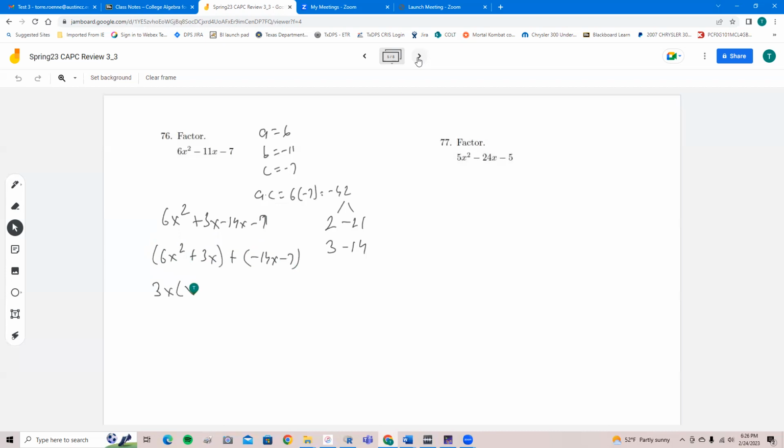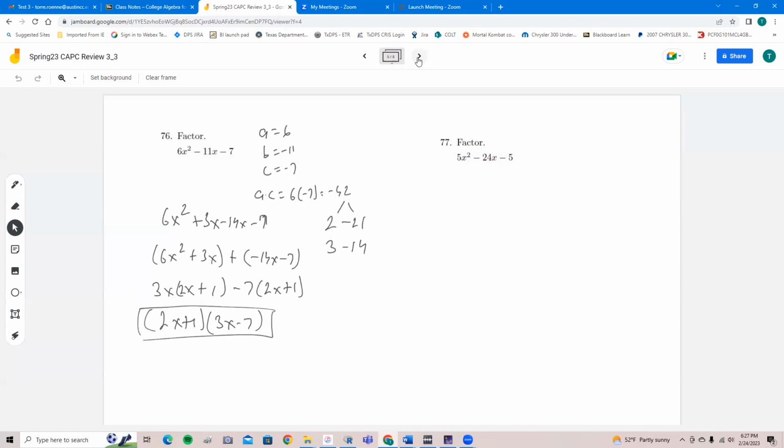That'll give me, no, that'll give me 2x plus 1. And then pull the negative 7 out. That will give me, again, 2x plus 1. Now I have 2x plus 1 in common, 3x minus 7 left over, and I am finished.